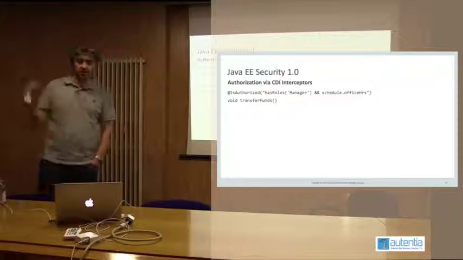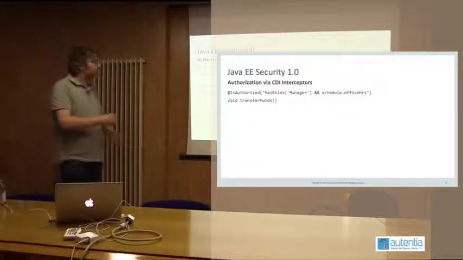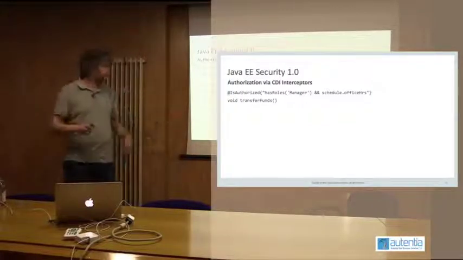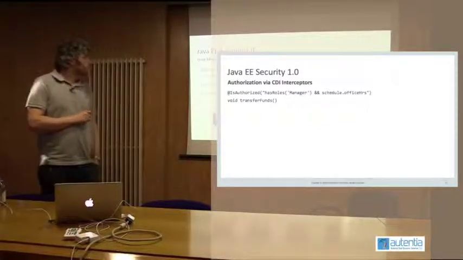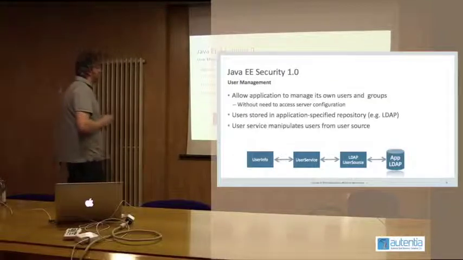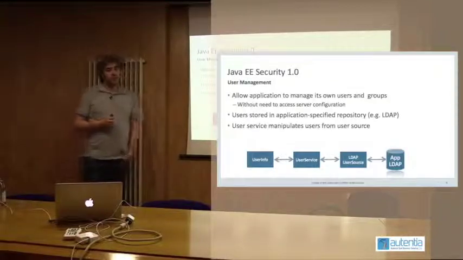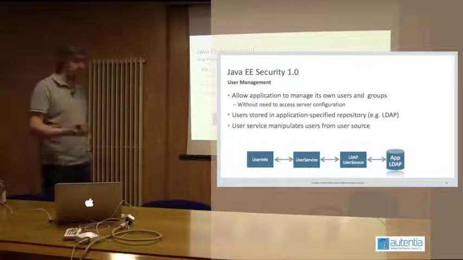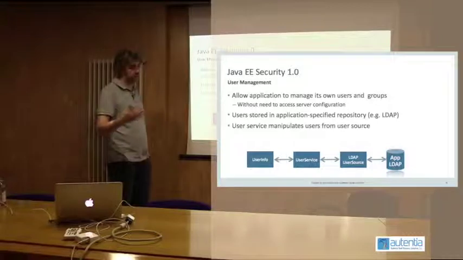And we are also thinking about having the ability to externalize those roles in some sort of external repository. Something else that will be part of the JSR is user management. As of today in Java EE, there is no easy way and no standard way to manage users. I mean, adding users, creating users, and so on.